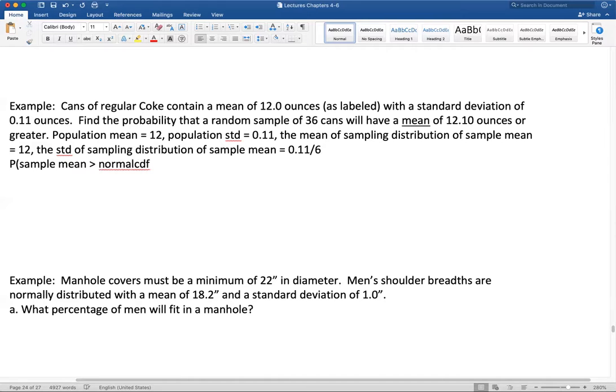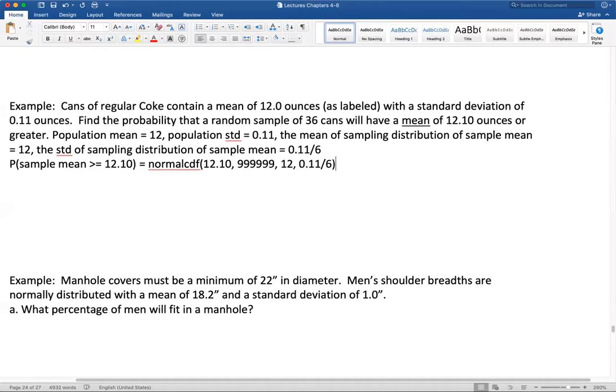So x bar is greater than or equal to 12.10. We use the normal CDF in the calculator. The lower is going to be 12.10, the upper is 99999, the mean is 12, and the standard deviation is 0.11 divided by 6.